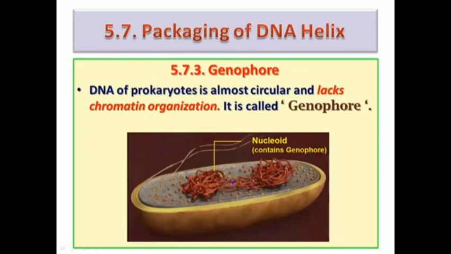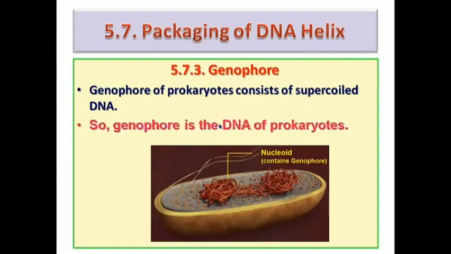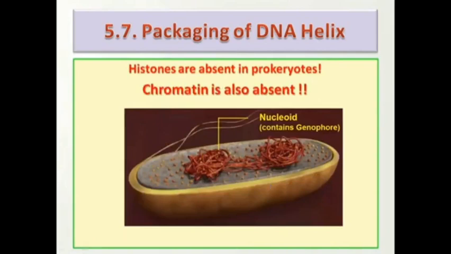The genophore of prokaryotes consists of supercoiled DNA. What is supercoiled? Coiled and coiled, so the coiling is more. So genophore is the DNA of prokaryotes.